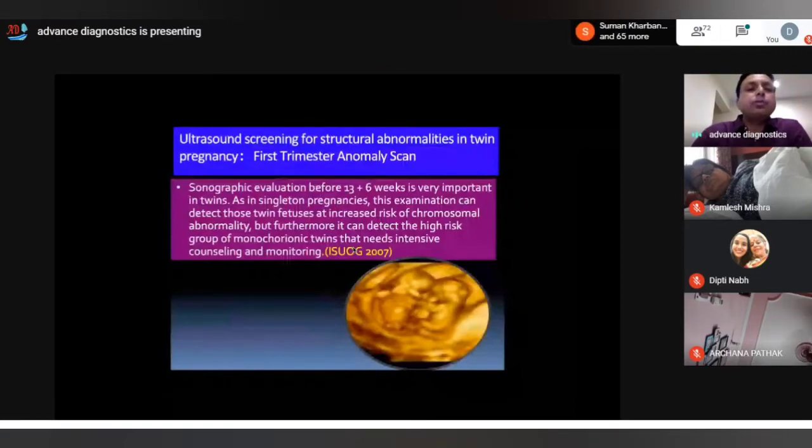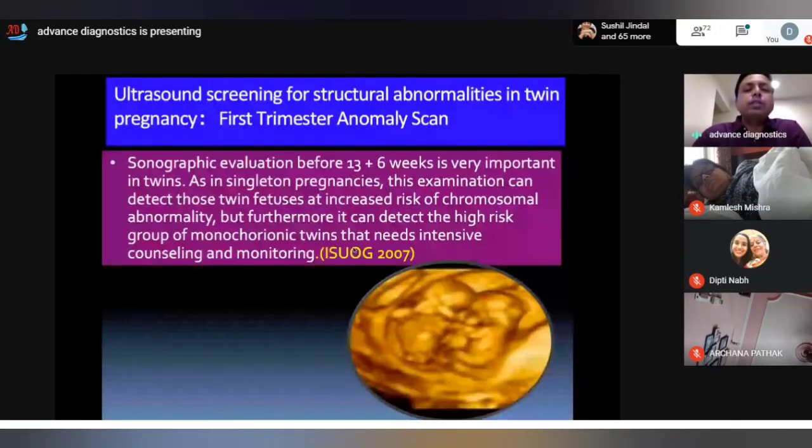So sonographic evaluation before 13 plus 6 weeks is very important in twins. As in singleton pregnancy, this examination can detect those twin fetuses at increased risk of chromosomal abnormality. But further, it can detect the high-risk group of the monochorionic twins that needs intensive counseling and monitoring.